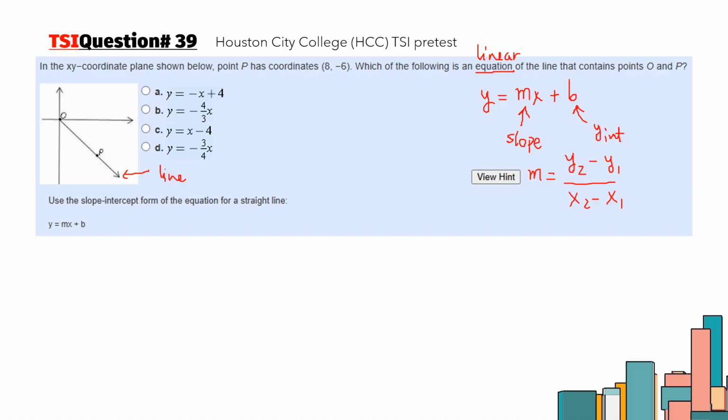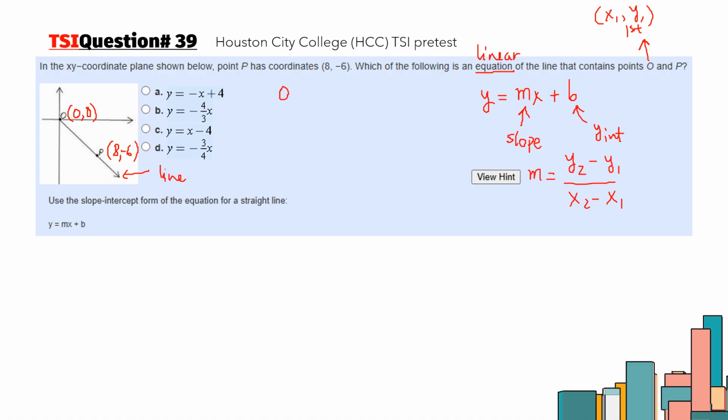In this case we have point O with the coordinate 0, 0 because that's the origin. Point P has 8, -6. If I call point O my first point, I will write x1, y1, and my x1 is 0, my y1 is 0, since point O is 0, 0.